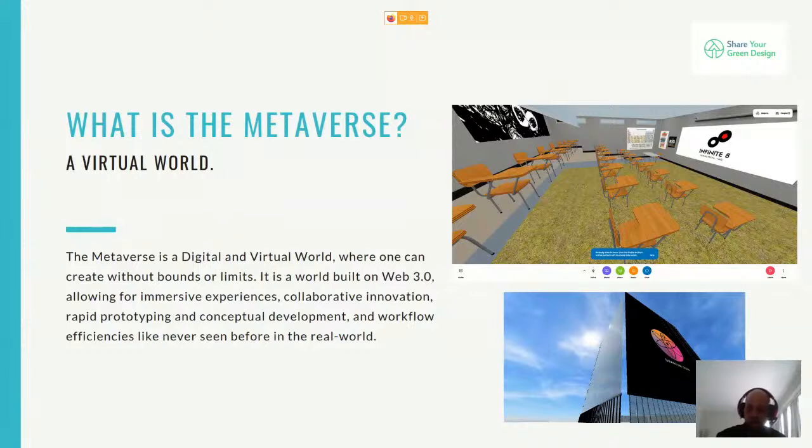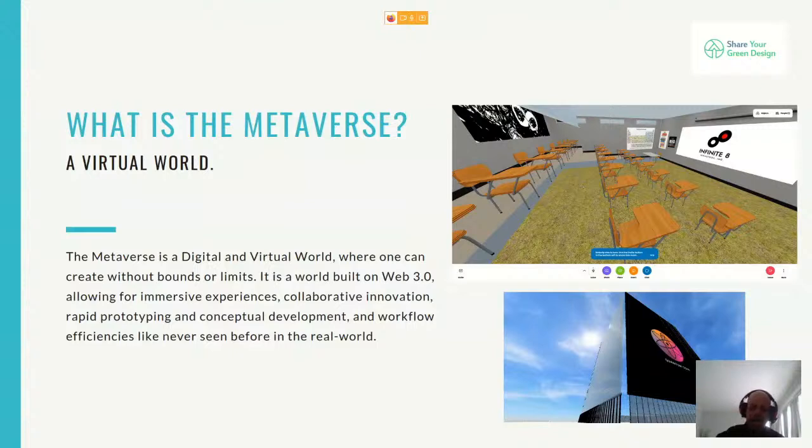Web 2.0 is the internet as it exists, 2.0 meaning 2 dimensions. Web 3.0 is 3-dimensional: 3D virtual reality. It allows for all types of different immersive experiences where individuals can collaborate all over the world.